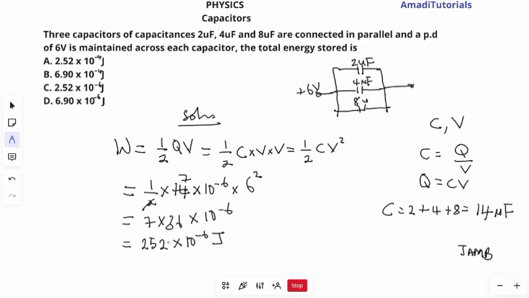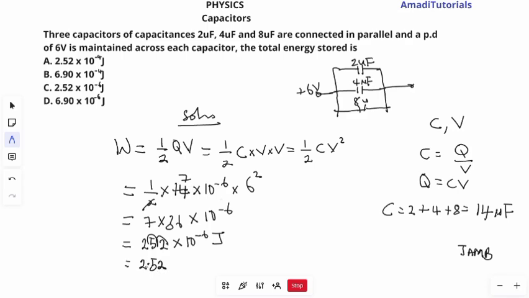So from here, the decimal point in this first number is actually here. To convert it to standard form, you have to take the decimal point to just after the first digit, that is, 2 places. So this is the same thing as 2.52.